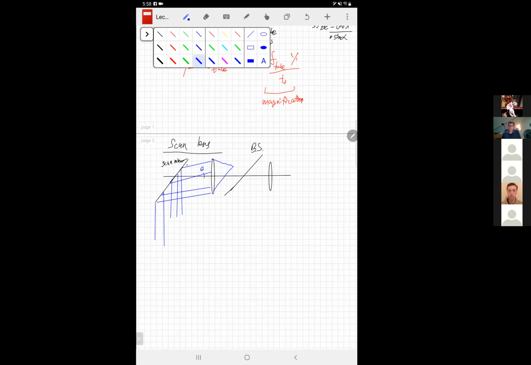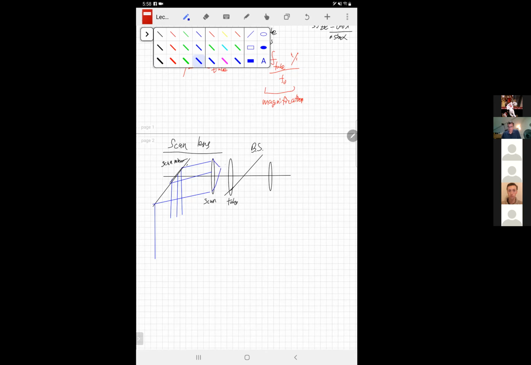If I send it in, we need two lenses. I can make room for a second lens because I never labeled the first lens. So we'll call this lens the scan, and we'll call this lens the tube, and none of what I'm about to do is to scale.